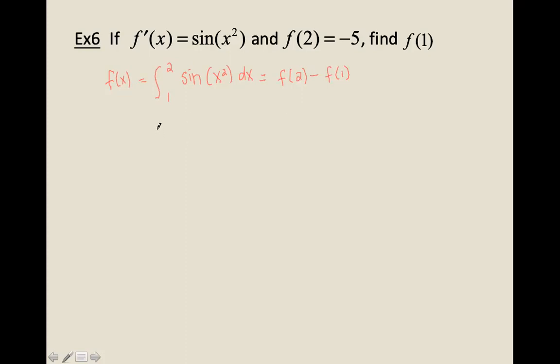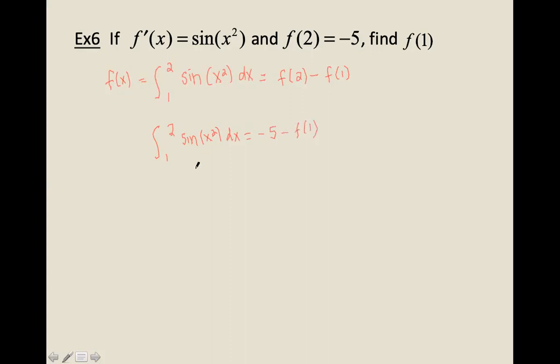So let's just rewrite this. The integral from 1 to 2 of sine of x squared dx is equal to, and we know this value, f of 2 is -5. And we are trying to find f of 1.